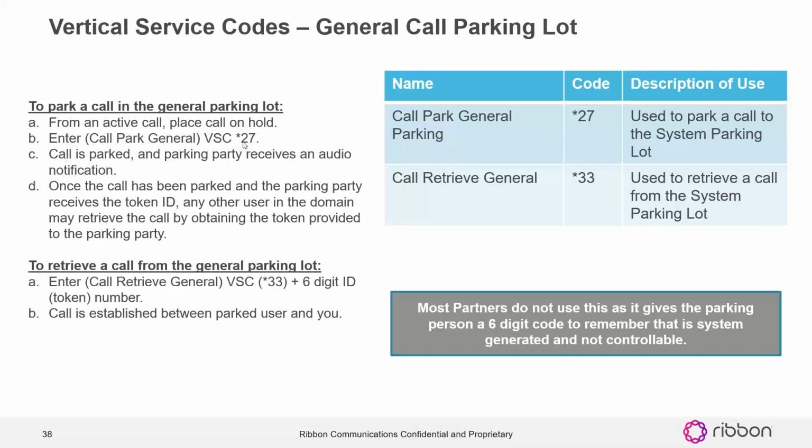If you get a call in and you want to use a general parking lot because you haven't set something up yet, star 27 gives you the ability to park a call. It provides you back a 6-digit code, and you have to give that 6-digit code to whomever is picking up the call. Once you dial star 33 plus that 6-digit code, you'll be able to take that call on any phone that's available to it.